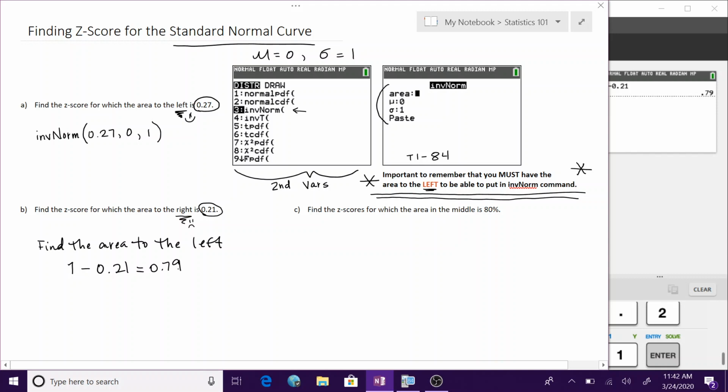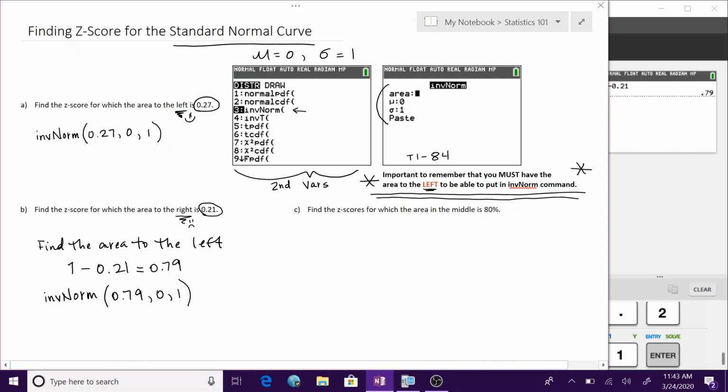So now we're good. We can go into our inverse norm again by choosing second, vars. We want to toggle down to number 3. We'll have this menu. The area to the left is now going to be 0.79, and then 0 and 1.